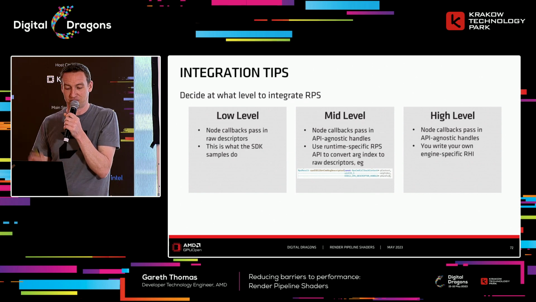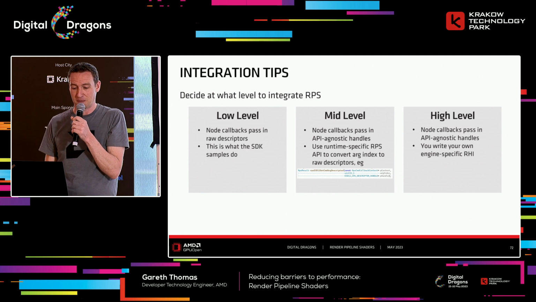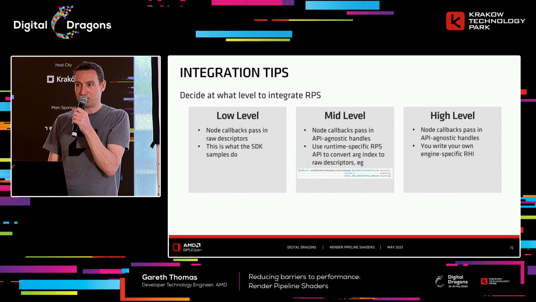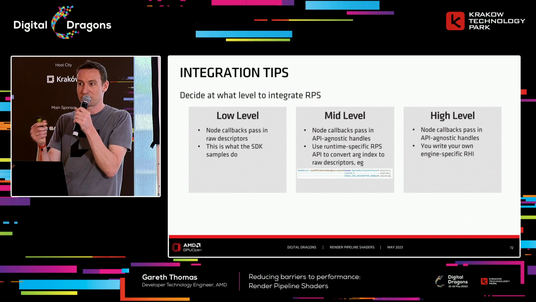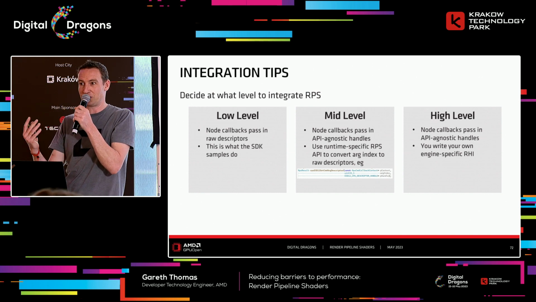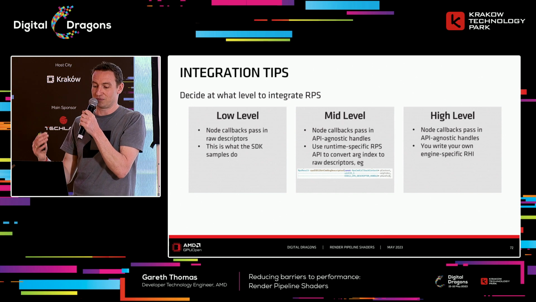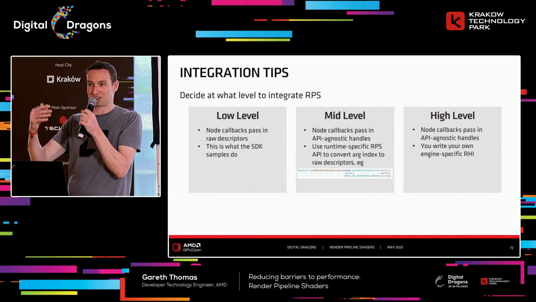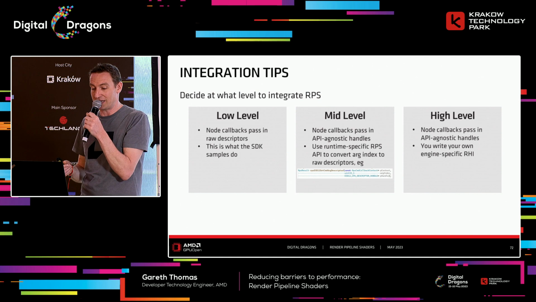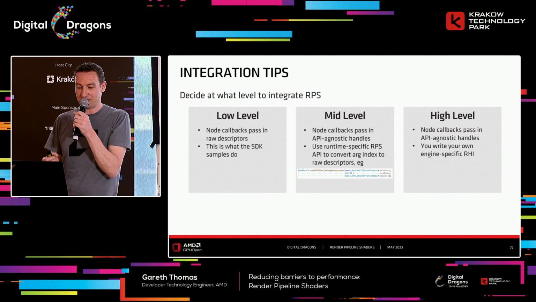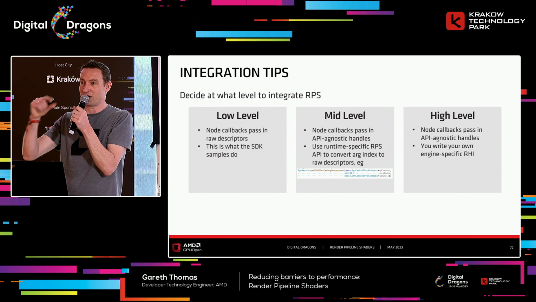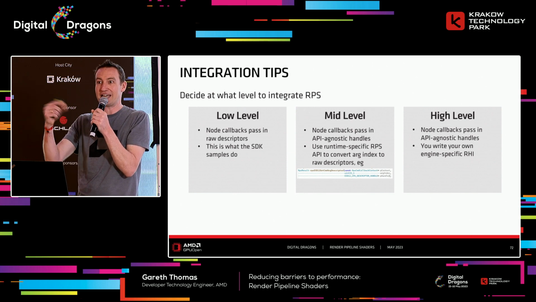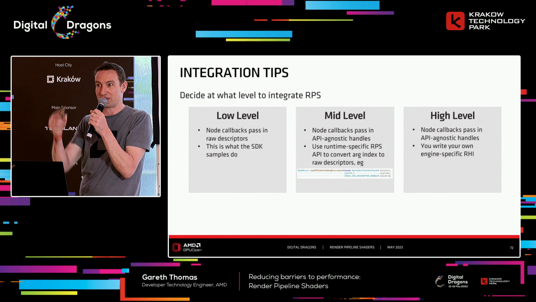So you've got two options as I see it. One is to keep the RPS arguments abstracted, so you've still got your node callbacks above the engine abstraction level, and then in your API RHI layer, you can actually get the raw descriptors as indices.